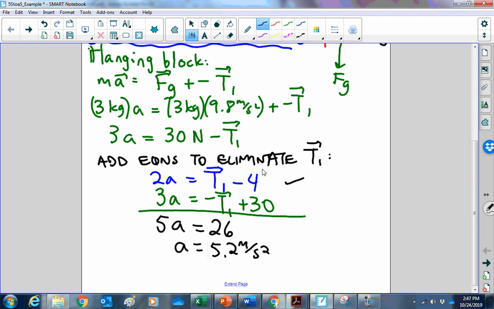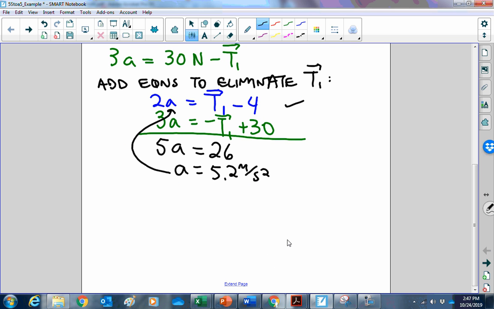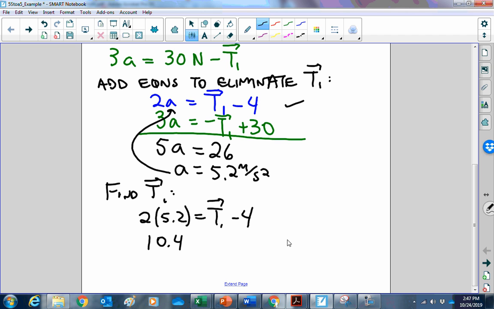If I plug it back in here, I would have 10.4, which means that I get 14.4 newtons is T1.